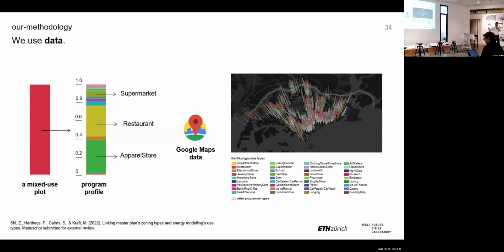Here Google Maps data comes in again, as each business is labeled with one of these categories throughout the world. We combine the data from Google Maps with machine learning techniques, and come up with this DNA of a mixed use plot, which makes our modeling more granular.